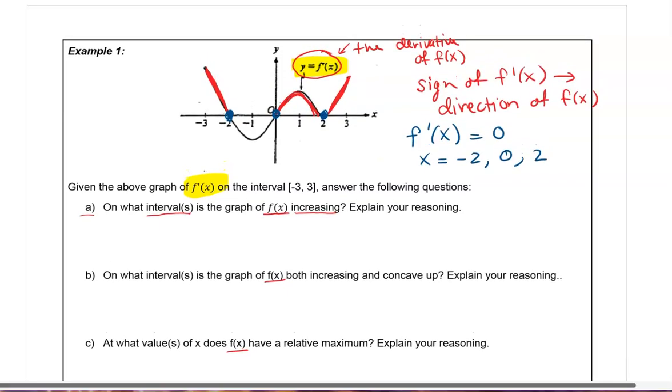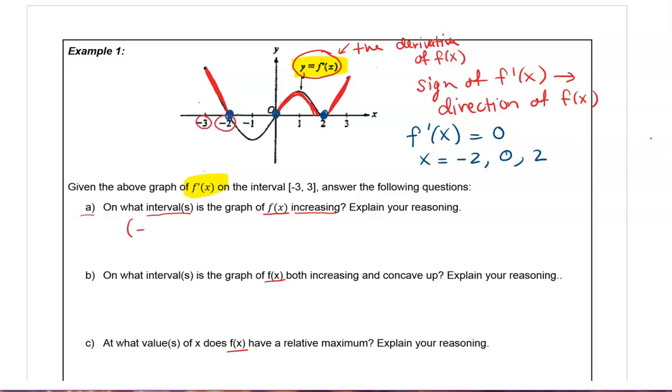So I notice that on the interval from -3 to -2, my f prime of x values are all above the x-axis, so they're positive. So my function must be increasing there.